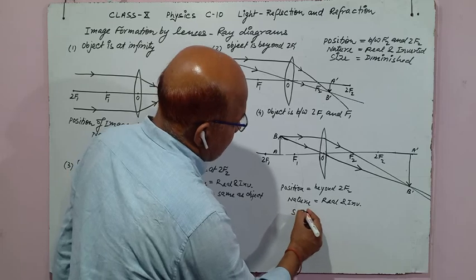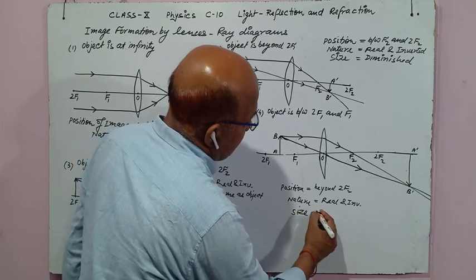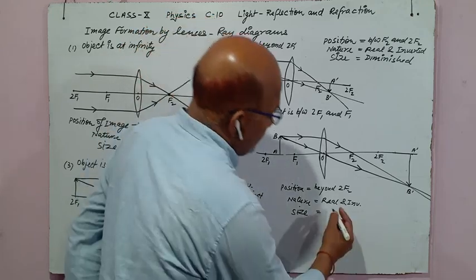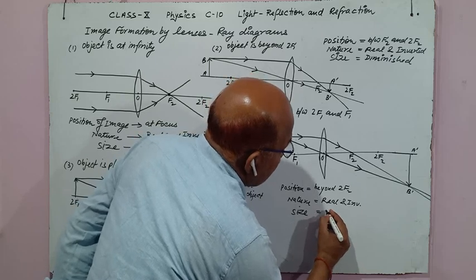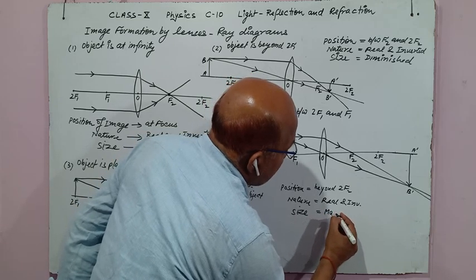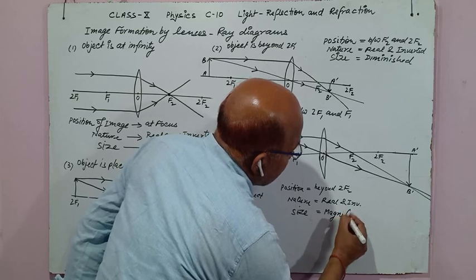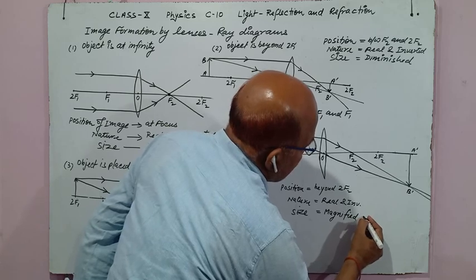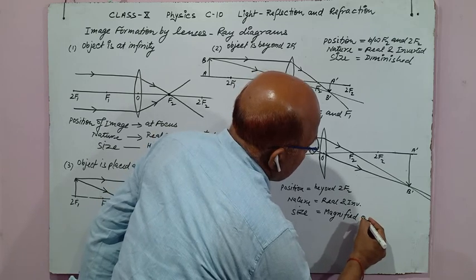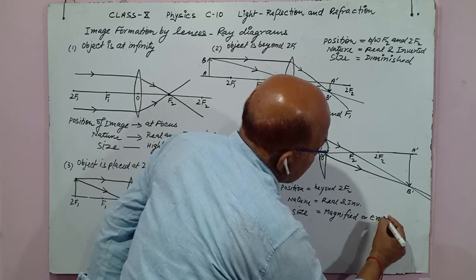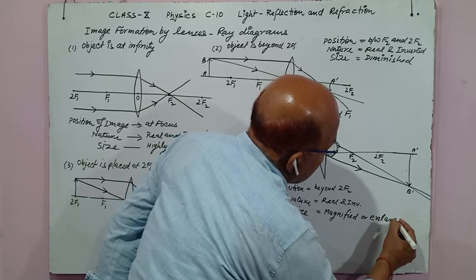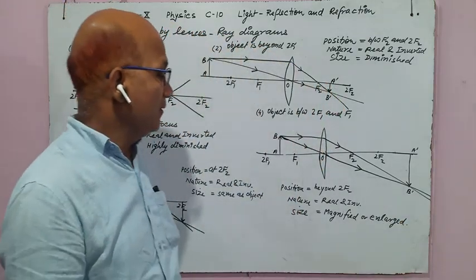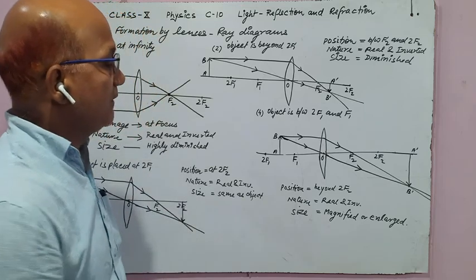And what about the size? Because the size of the image is bigger than the size of the object, we will use the term magnified, or we can also use the term enlarged. So the image in this case is magnified or enlarged.